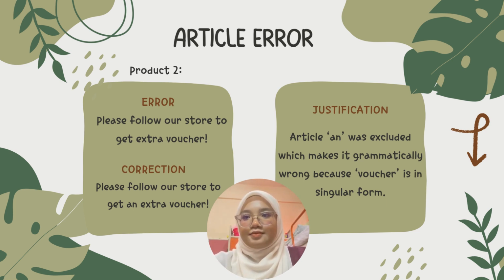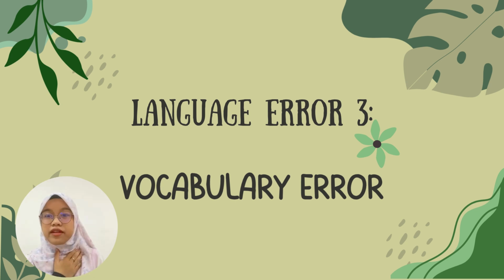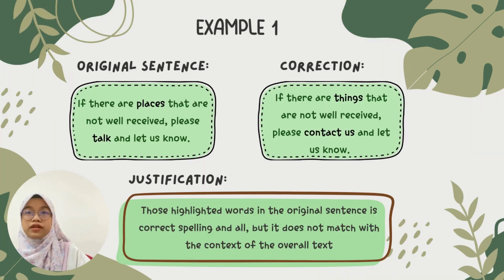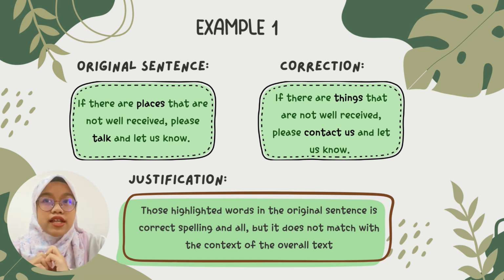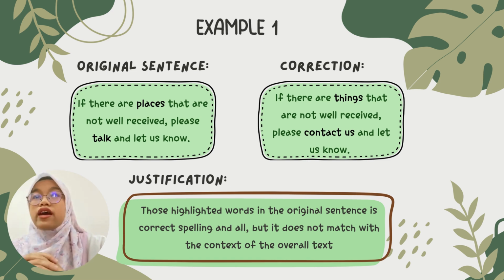Hello guys, my name is Nura Amni binti Makzain, and now I'm going to talk about the third language error, which is vocabulary error. The first example: the original sentence is, "if there are places that are not well received, please stop and let us know."